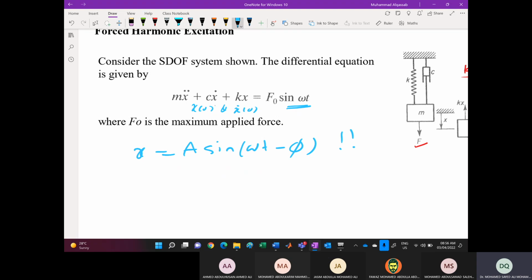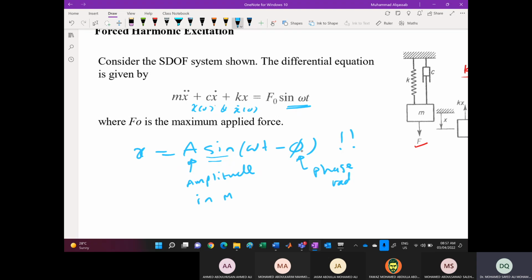So it will be of the same form, of the same function. This is sine omega t, and it might have a phase, and this is the amplitude in meter, and the phase in radian. Okay, so this is the assumption.